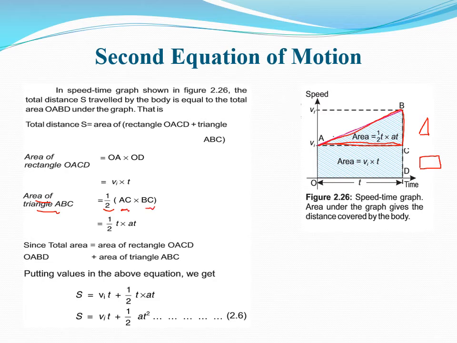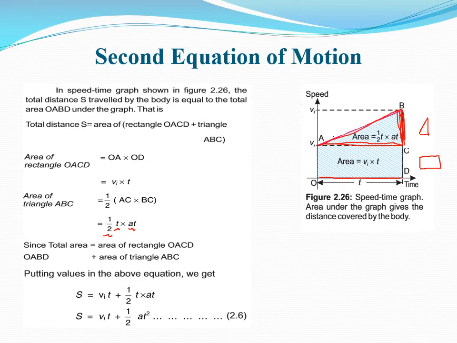BC means this height or perpendicular side of the triangle. AC is along the time axis, so it's time T. BC is 80, this side is 80.